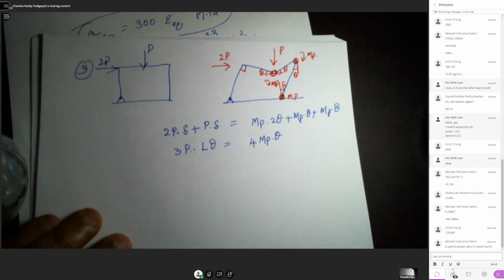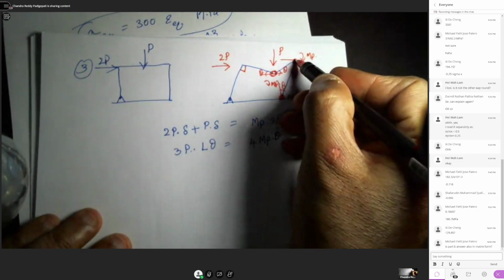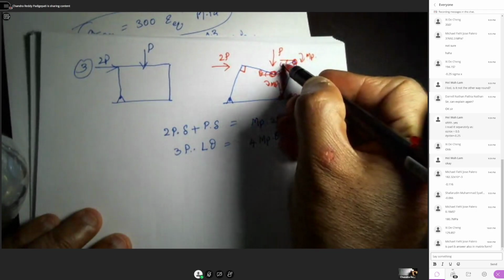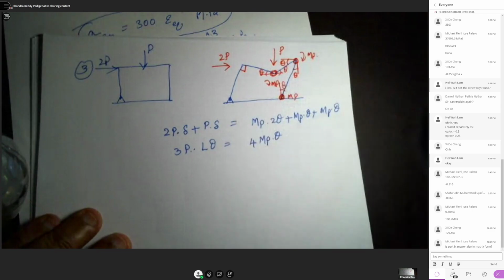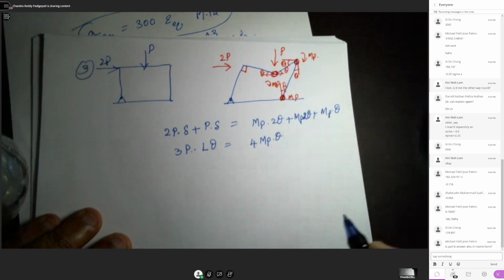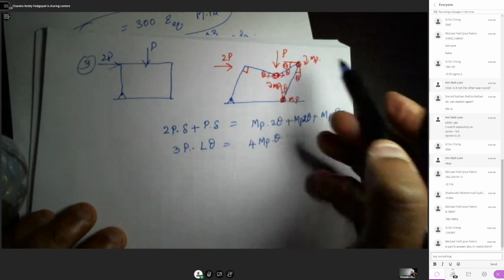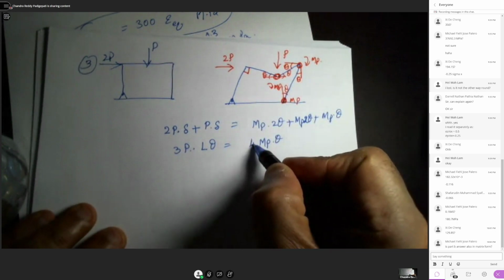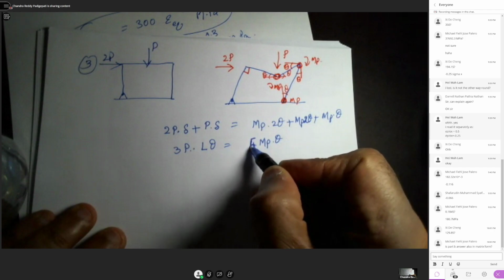I'm sorry, I think we need to choose here the angle theta. So therefore, this will be Mp into 2 theta. So there will be 5 Mp theta.